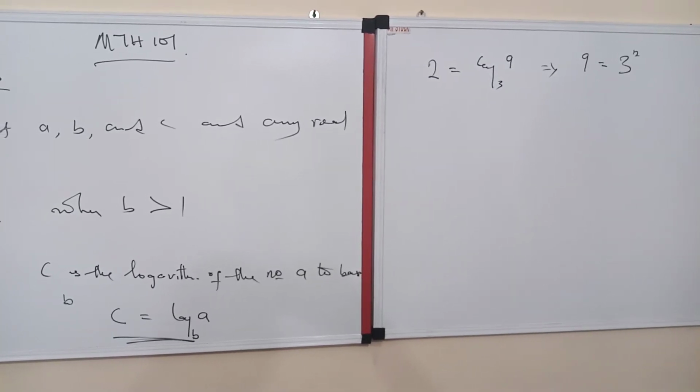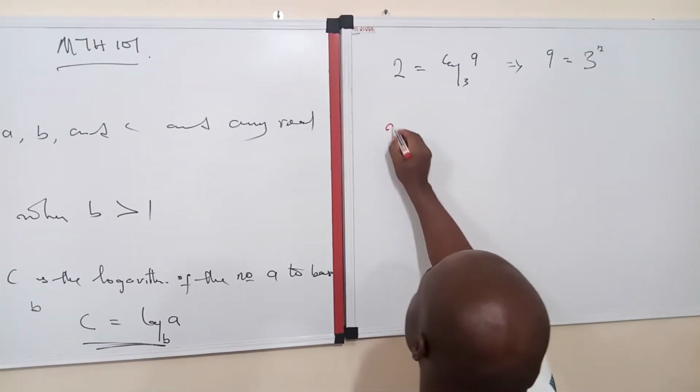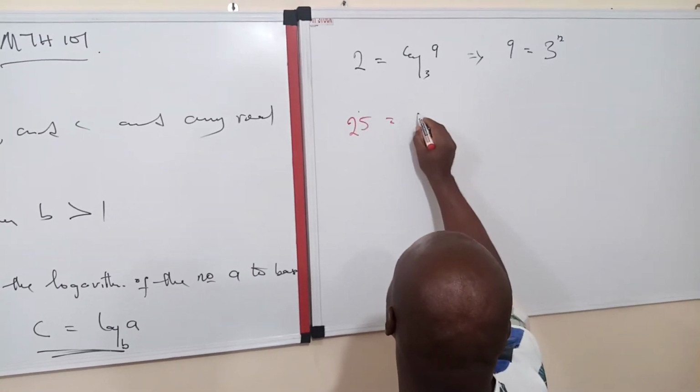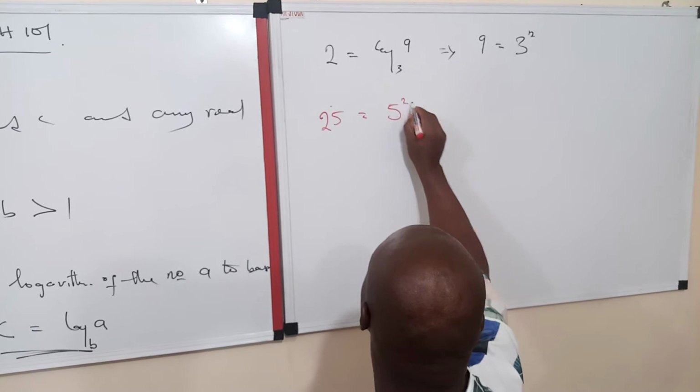Now, let's consider another expression, say 25, which we can write as 5 raised to power 2.